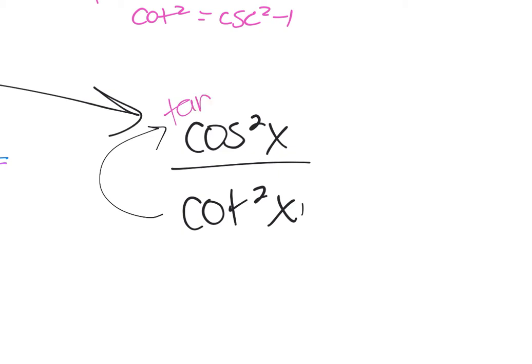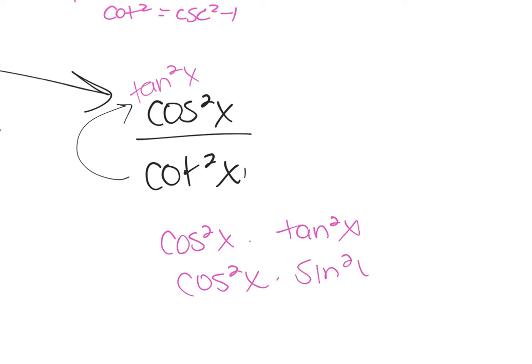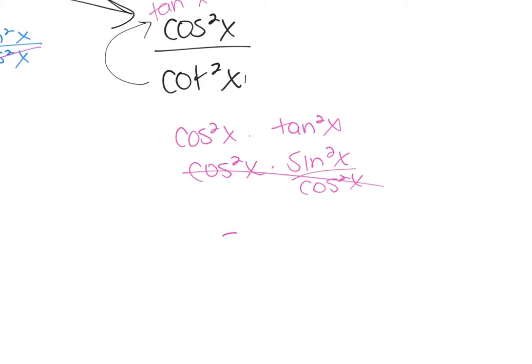So when I move it, it becomes tangent squared. So then I'd end up with cosine squared x times tangent squared. Why did I put it over 1? Times tangent squared. And then that would be cosine squared x times sine over cosine. And the cosines cancel. So you can move any function from the bottom to the top or the top to the bottom by making it its reciprocal function if it's either by itself or multiplied by something.